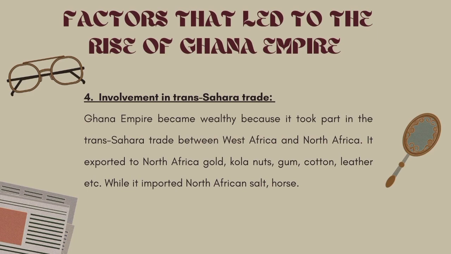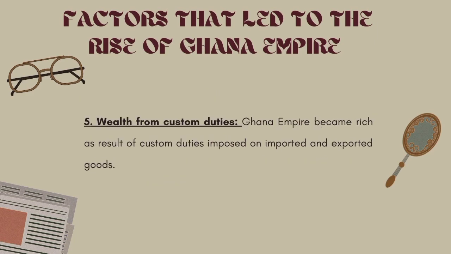The Ghana Empire was also involved in this kind of trade, so it gained some wealth from it. Then lastly, I talked about the wealth from custom duties. We said that this empire became rich as a result of these levies or fees imposed on exported and imported goods. Thank you.